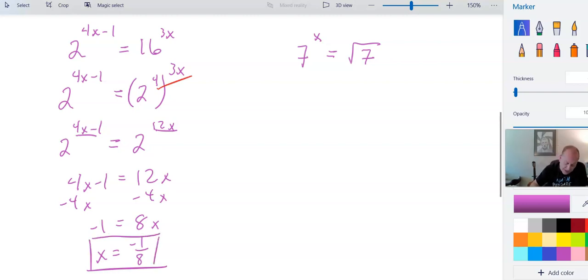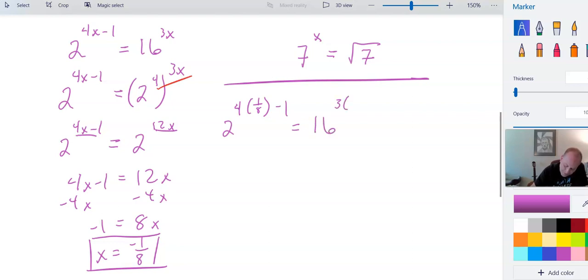And you can actually check it just by plugging these things in. Well, I'm going to check it, and I still want room to work on this one. So let's check it. So we have 2 to the 4 times 1/8 minus 1 is equal to 16 to the 3 times 1/8.